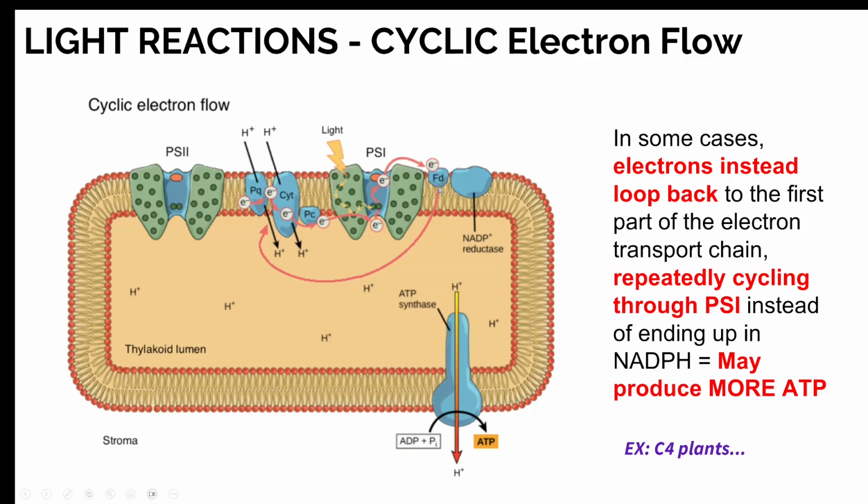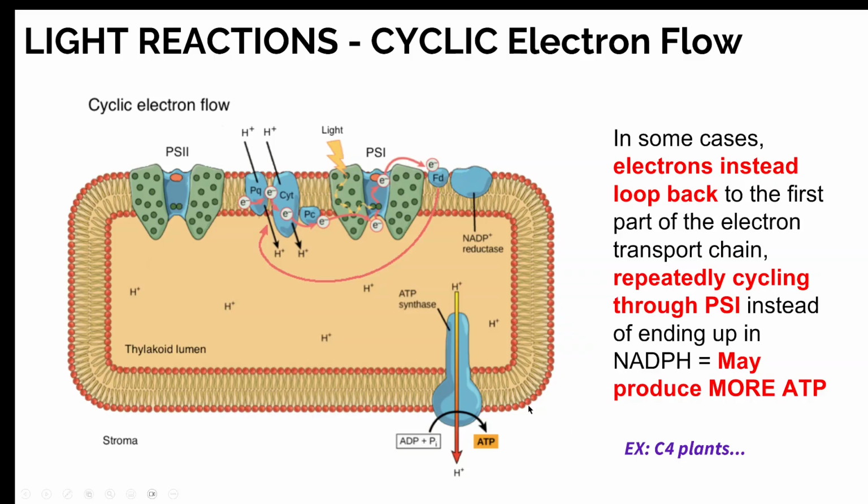So we have the electron zooming back here to the first part instead of going to NADPH way over here. And that occurs between photosystem 2 and photosystem 1. That electron is basically recycled and reused over and over again. This just helps certain types of plants make more ATP. We'll learn more about that in this PowerPoint.